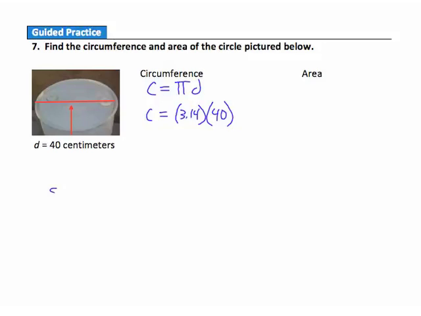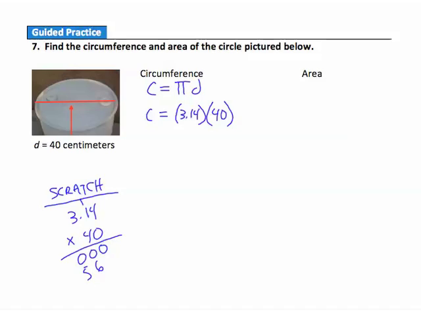So we're going to go over to some scratch work to perform this multiplication. So I have 3.14 times 40. So first going through and multiplying by 0, I'm just going to get 3 zeros. Now when I go and multiply by 4, 4 times 4 is 16. Carry the 1. 4 times 1 is 4, plus 1 is 5.